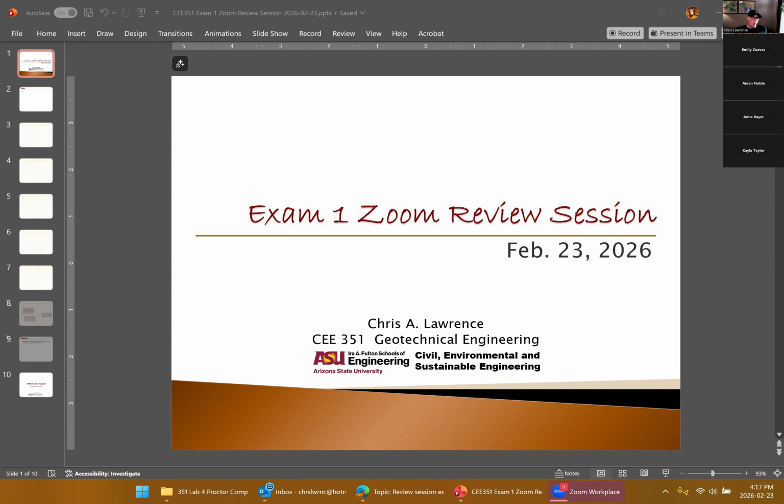One problem from module three, which was soil classification. That is highly conceptual in terms of being efficient at classifying soils.